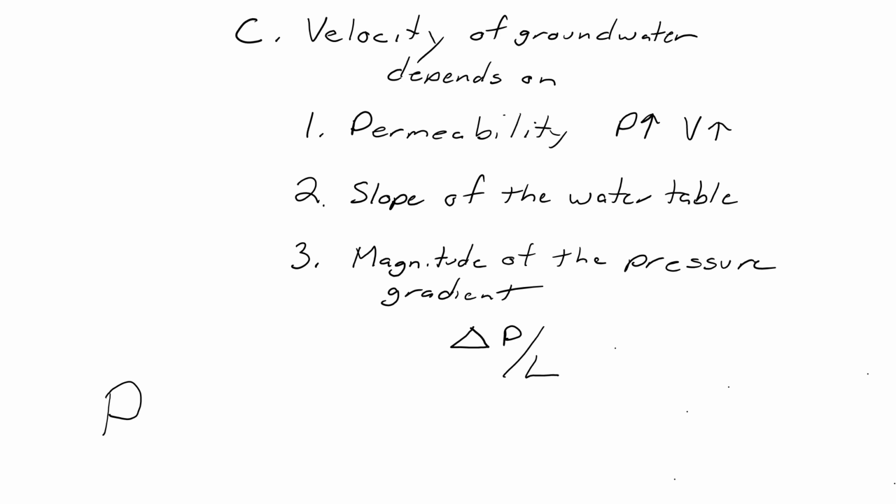So if I, let's say, had an area in my aquifer where there was lots of pressure, big P, and then really close to it, there was small pressure. That is going to result in very large, fast-moving water. Your change in P is big, your distance is short, that means your pressure gradient is high.